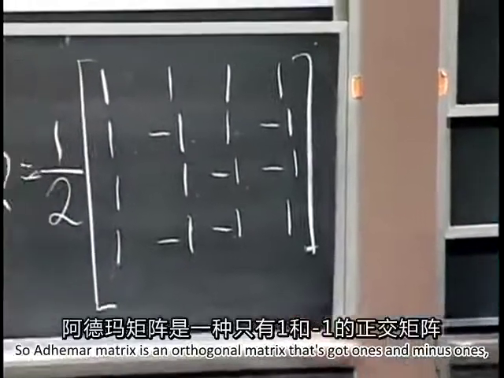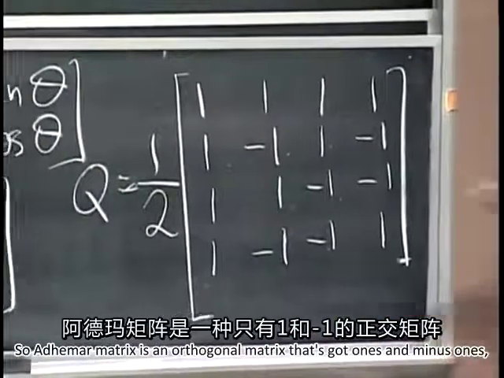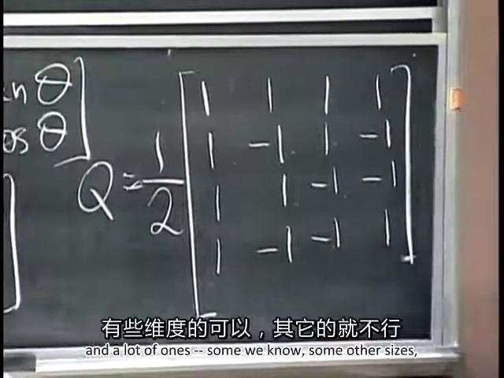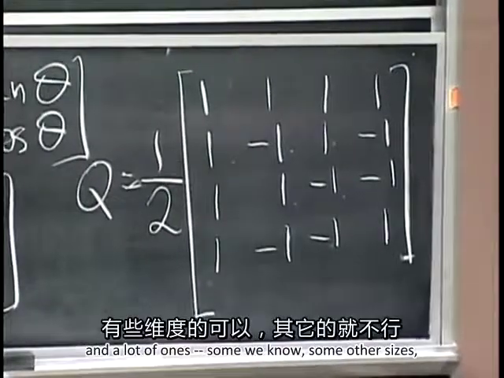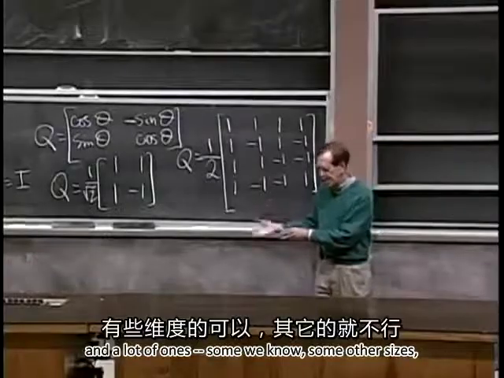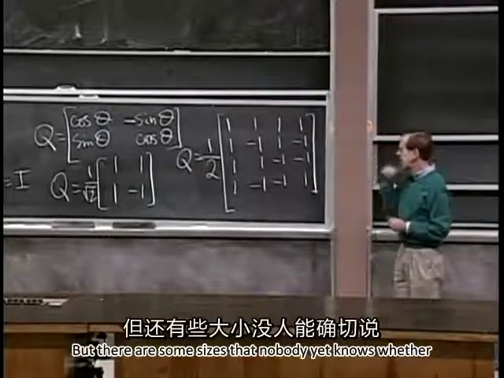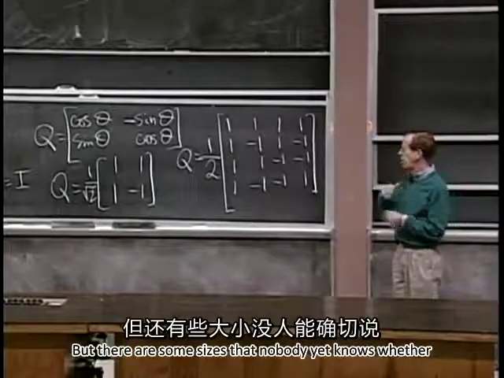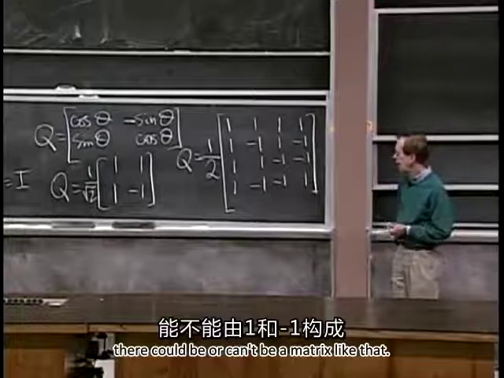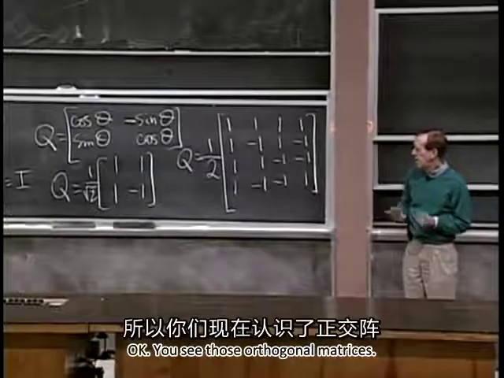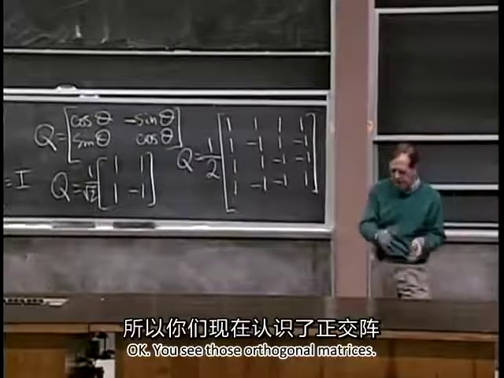So a Hadamard matrix is an orthogonal matrix that's got 1s and minus 1s. Some sizes we know, some other sizes we don't. There couldn't be a 5 by 5, I think. But there are some sizes that nobody yet knows whether there could be or can't be a matrix like that. Okay. You see those orthogonal matrices.